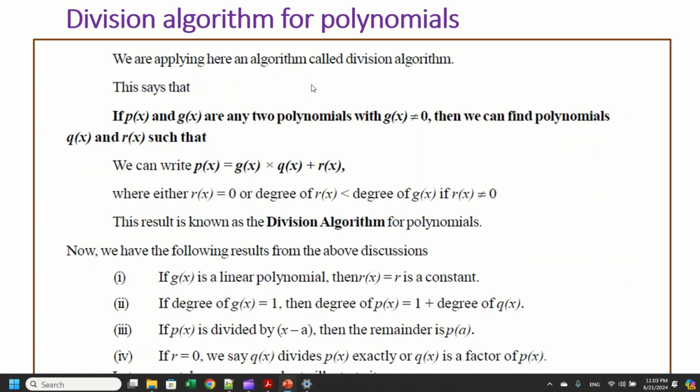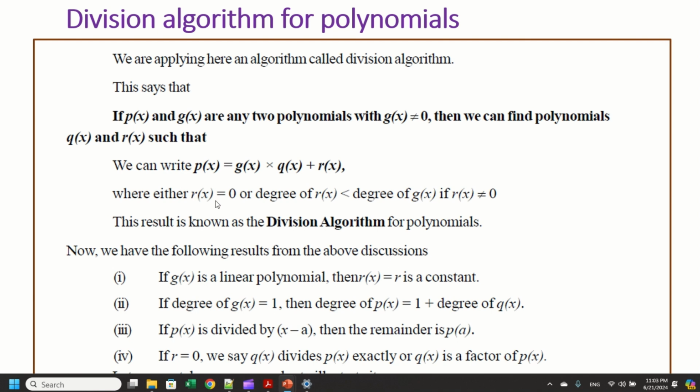So this is called division algorithm. What is it? P of x and g of x are any two polynomials where g of x is not equal to 0. Then we can find polynomials q of x and r of x in such a way that p of x equal to g of x into q of x, quotient, okay, plus remainder, that is r of x.